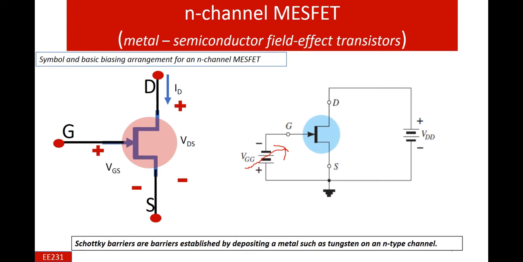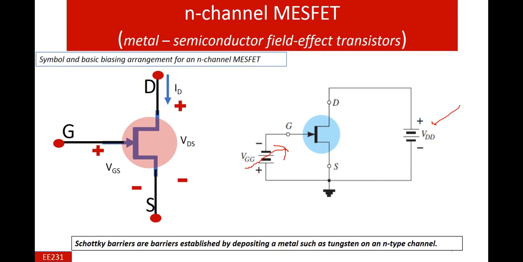So in the latest technology, when we are talking about high speed devices, then MESFETs and MOSFETs are the most preferred in low power devices as well as in high power devices. And this battery supplies the current between the drain and the source.